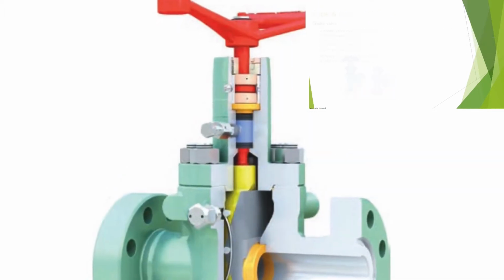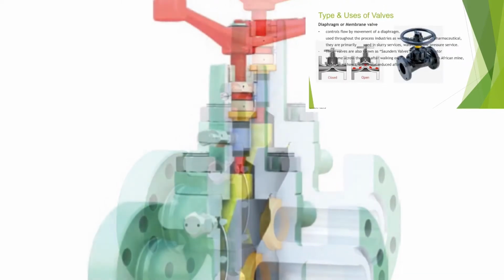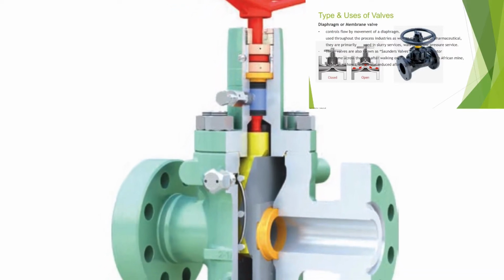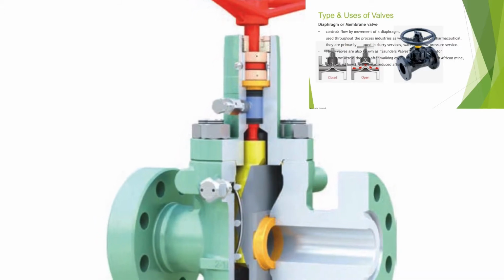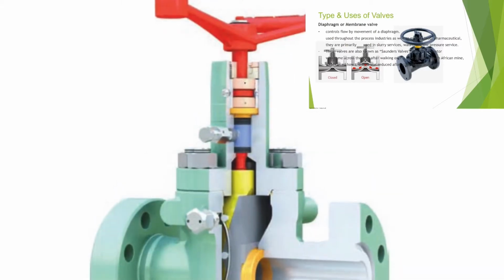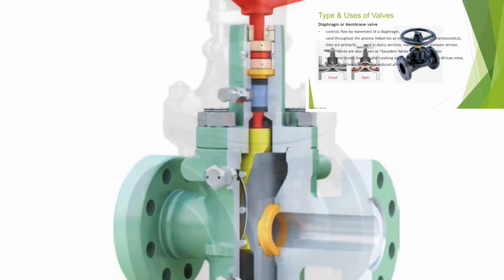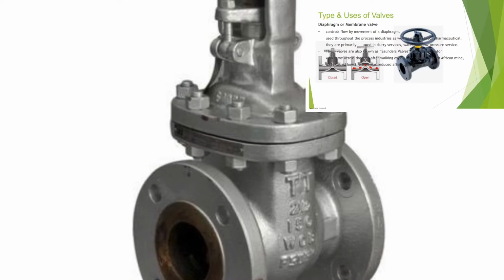The next type is the diaphragm or membrane valve. It controls flow by movement of the diaphragm, used throughout the process industries as well as mining, food, and pharmaceutical. They are primarily used in slurry services, water and low pressure service.